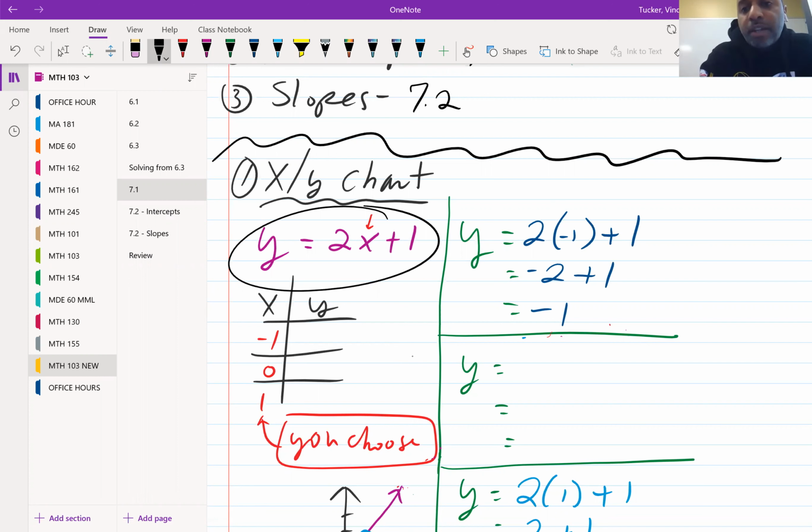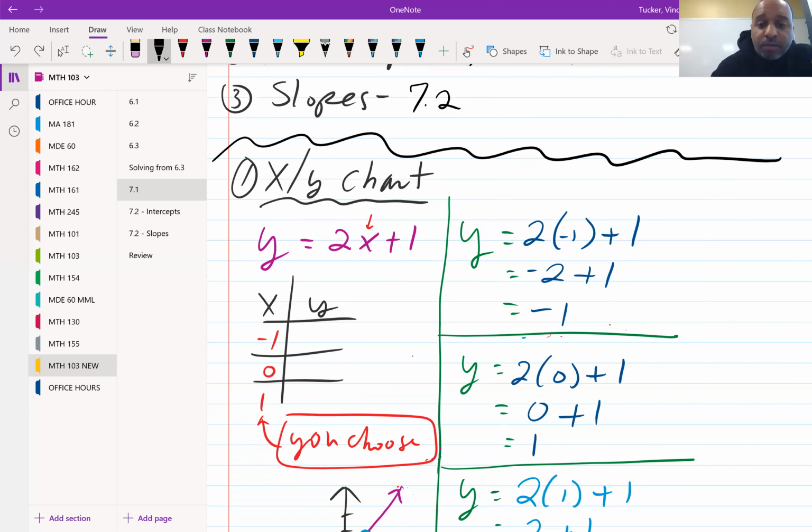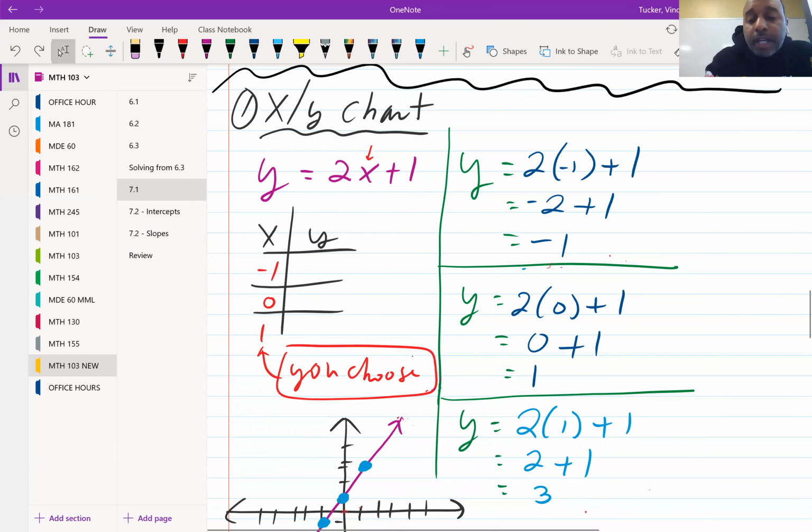So that's 2 times -1 plus 1. 2 times -1 is -2. -2 plus 1 is -1. So it just so happens that when x is -1, y is -1. Do the same thing for 0. 2 times 0 is 0, plus 1 will give me 1.